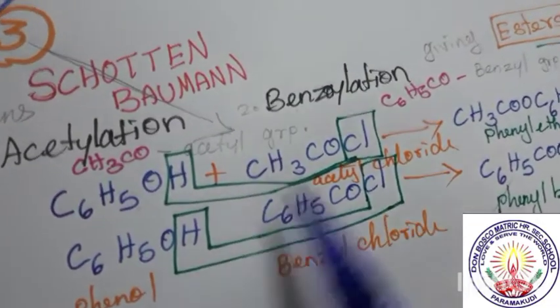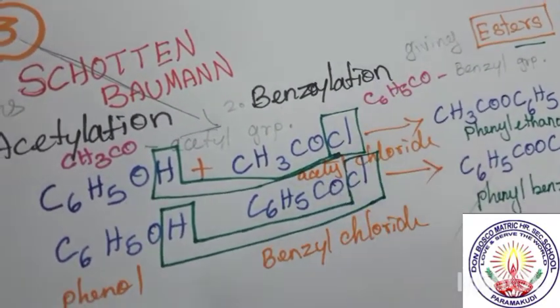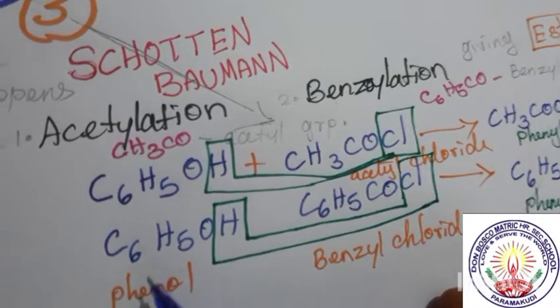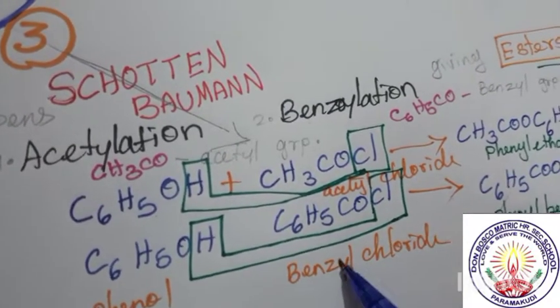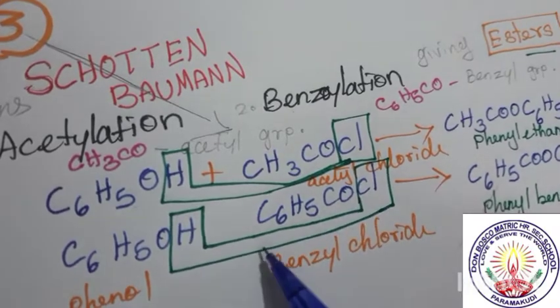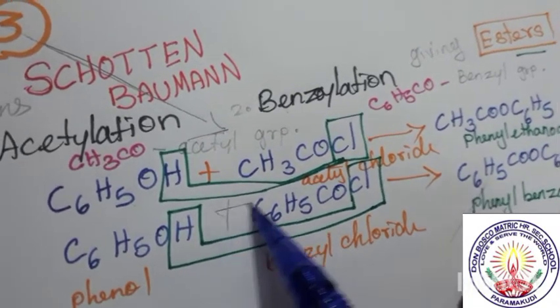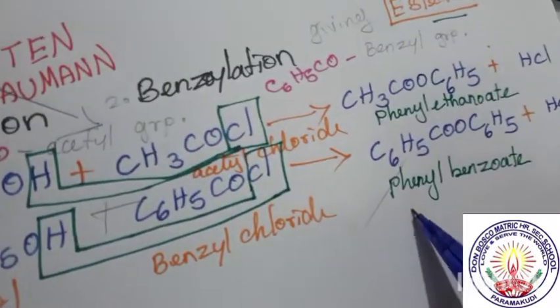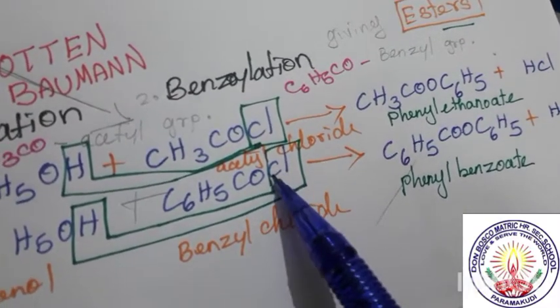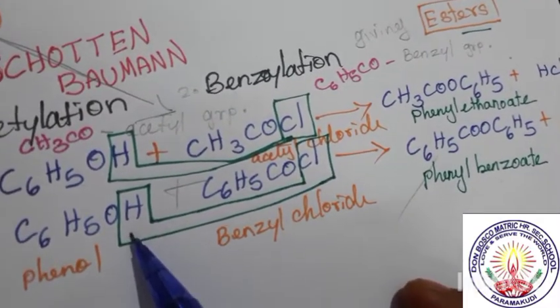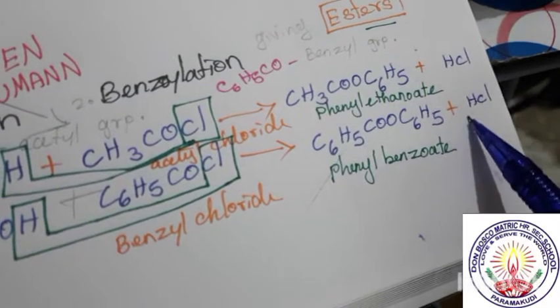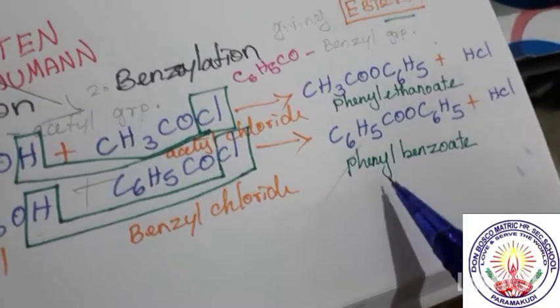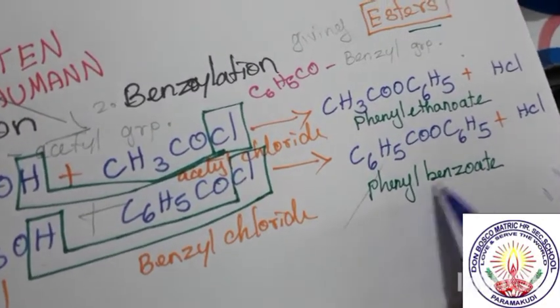The second one, benzoylation, is taking place. We take phenol and benzoyl chloride. When it is treated with benzoyl chloride, we get phenyl benzoate. The HCl from here and the HCl from here, we get HCl, and the remaining is phenyl benzoate.